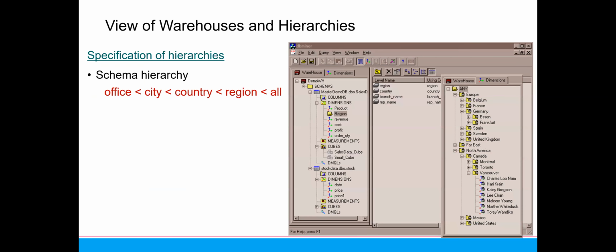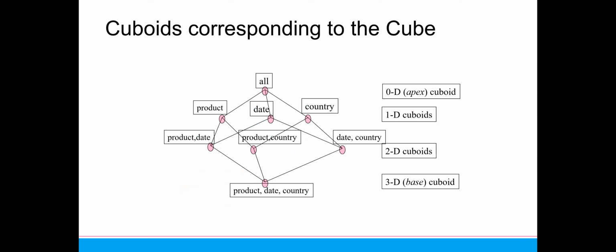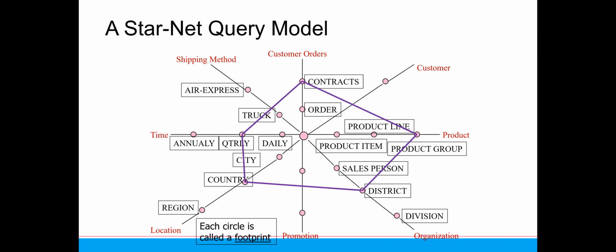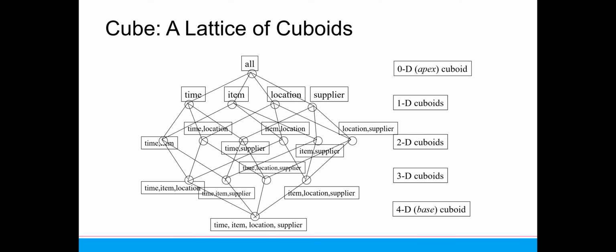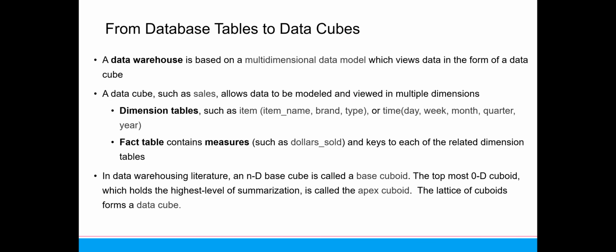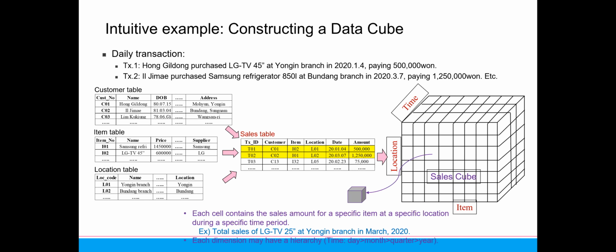In the data warehouse we have dimension tables and the fact table, and the dimension tables can have sub-dimension tables.